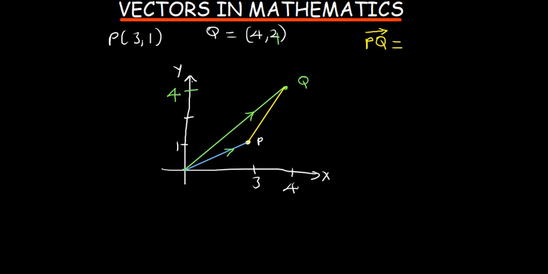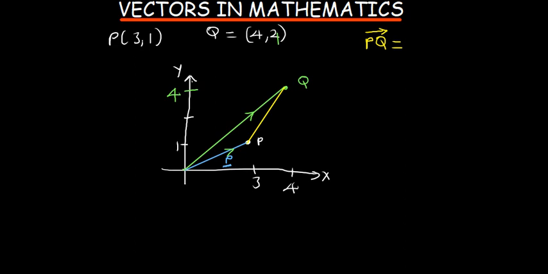To be able to find PQ, since we said P is 3 comma 1, I can give this one a small p. Since this is vector p, I'll give it a small p with a dash down. That's how we represent vectors.